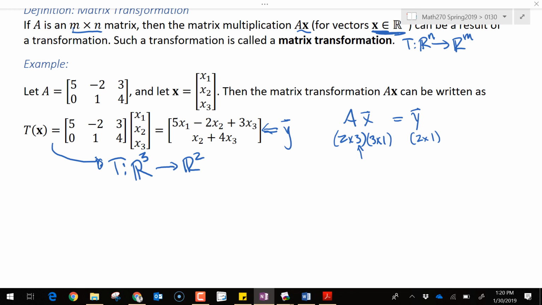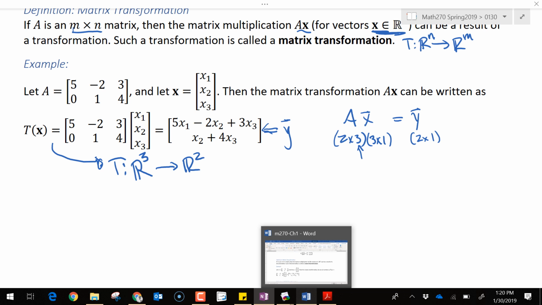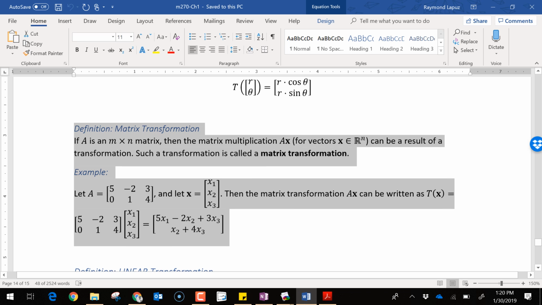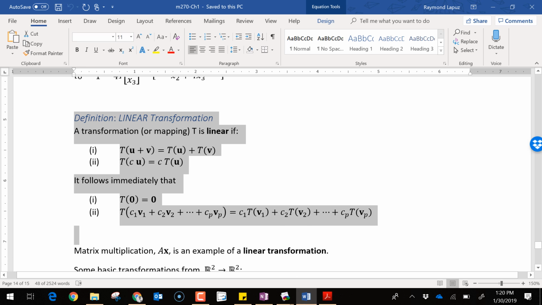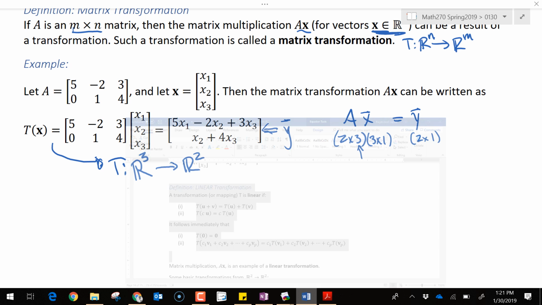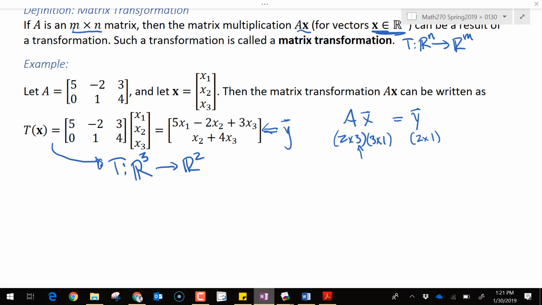All right. So now that we have introduced this idea of a matrix transformation, the matrix transformation is related to a regular transformation via this idea of a linear transformation. The definition of a linear transformation is going to be the important part of this class. After all, this is linear algebra.